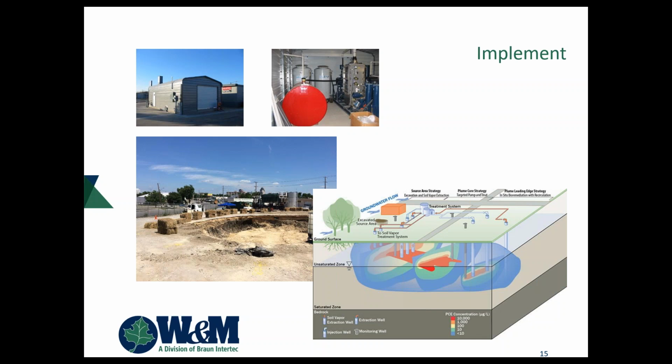And then up top, both of those photos are from the same place. The left is the building, the right is the inside. That's a dual phase extraction system I designed with a great team, where we kind of had free rein to take a look at the site, develop how we thought it was going, and design the equipment, select the system integrator, and install and operate it. So the top two are the same? They are.